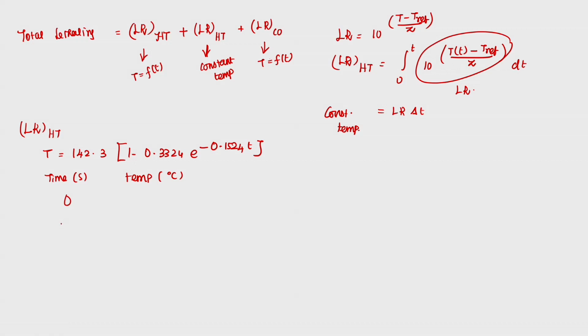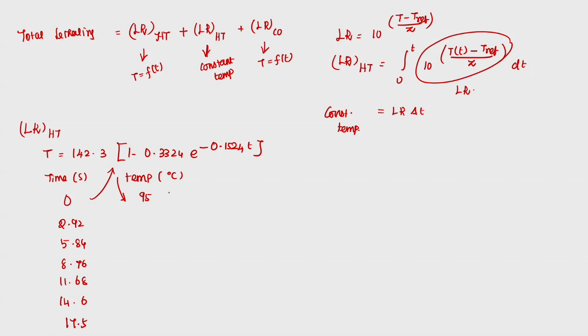So, I am taking 0, 2.92, 5.84, 8.76, 11.68, 14.6 and 17.5. So, using this formula we are going to calculate the temperatures, which is nothing but 95.